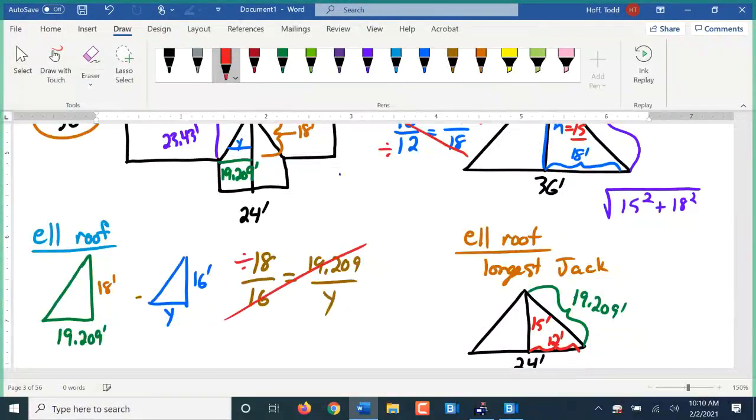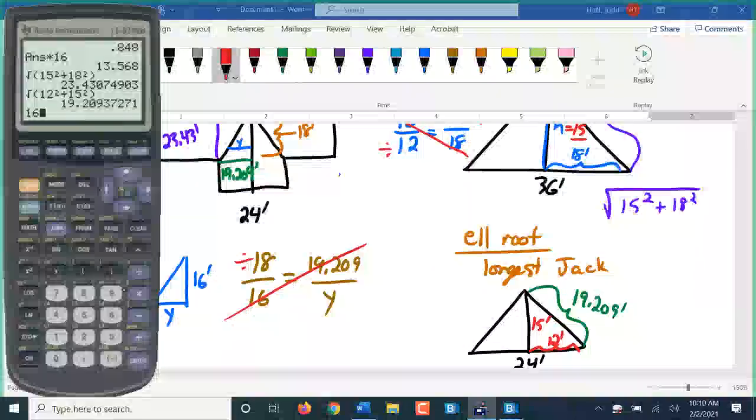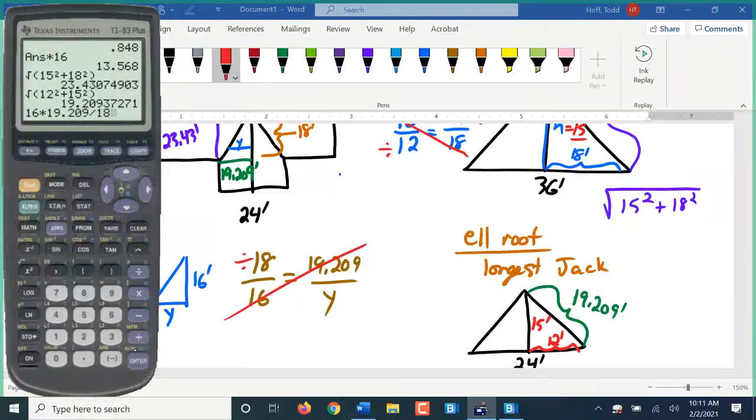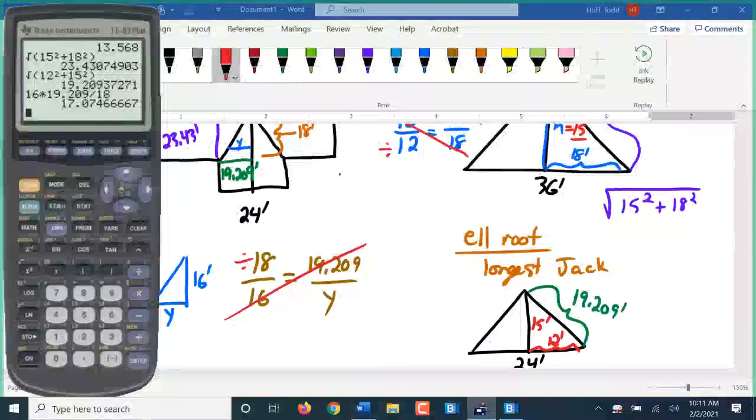Cross multiply and divide: 16 times 19.209 divided by 18 gives 17.075.